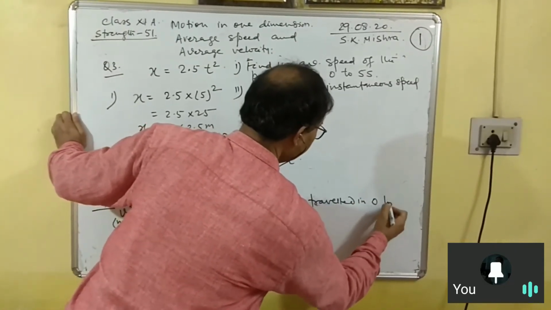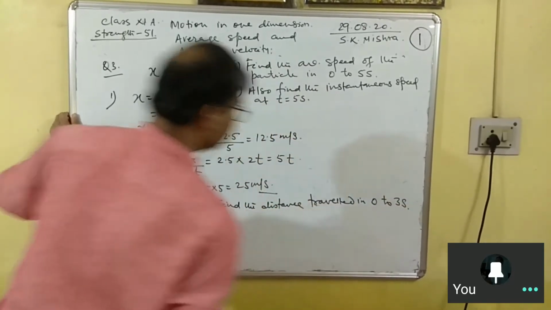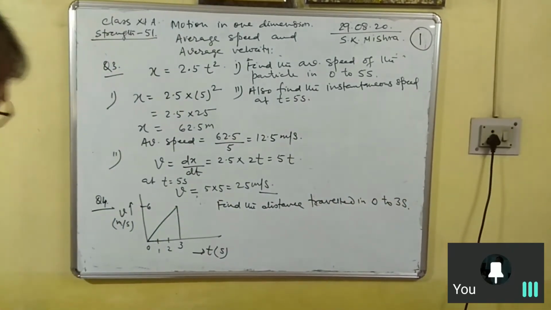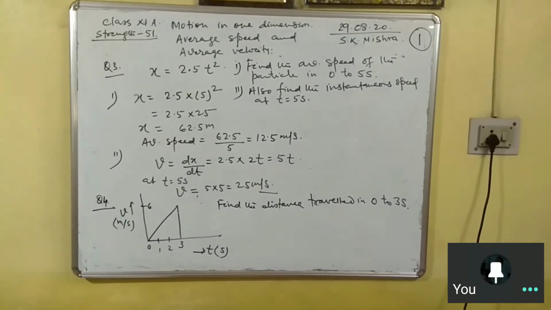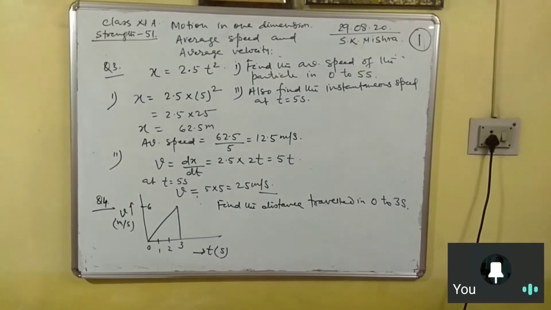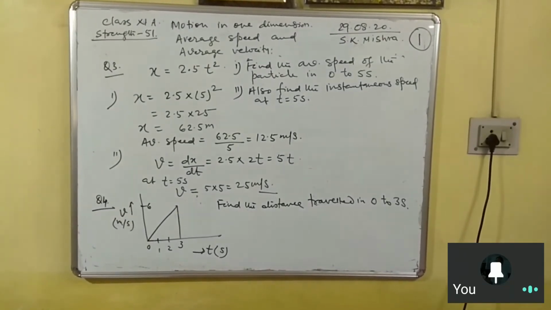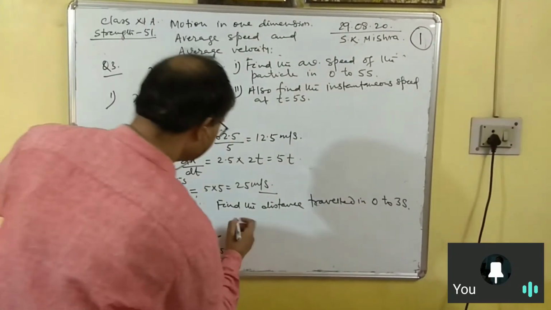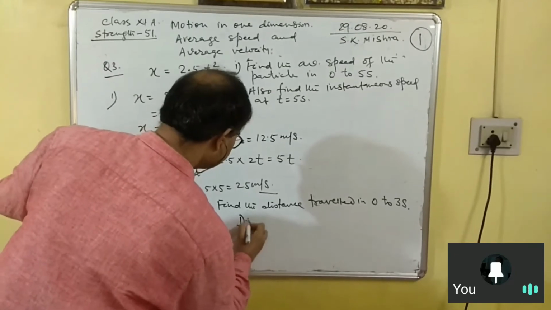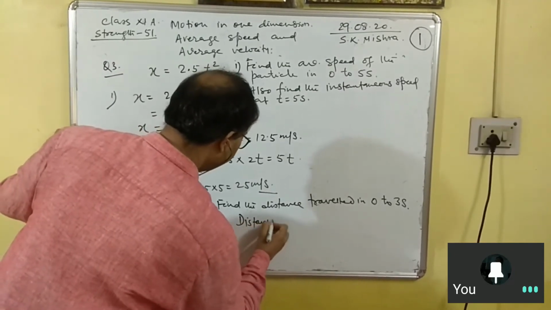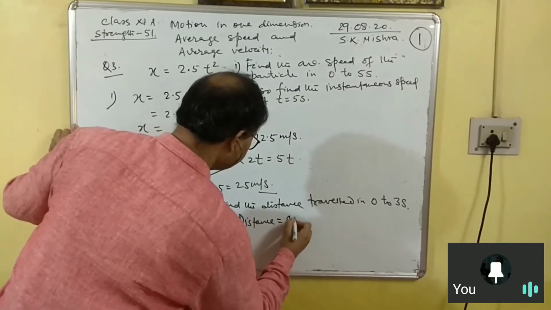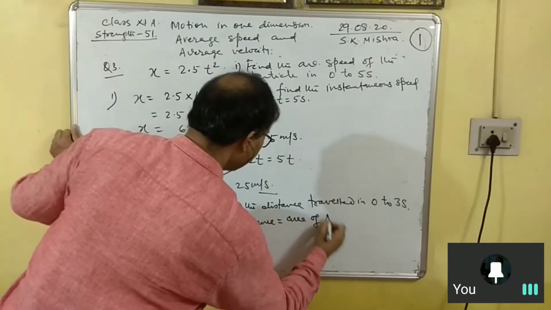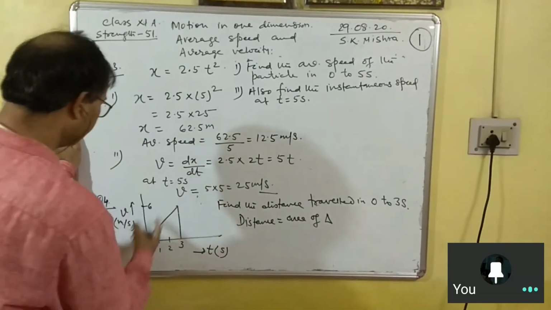in 0 to 3 seconds. The area under the speed-time graph gives you the measure of distance traveled because S is equal to UT. So distance covered is the area of whatever shape is bounded under the VT graph.